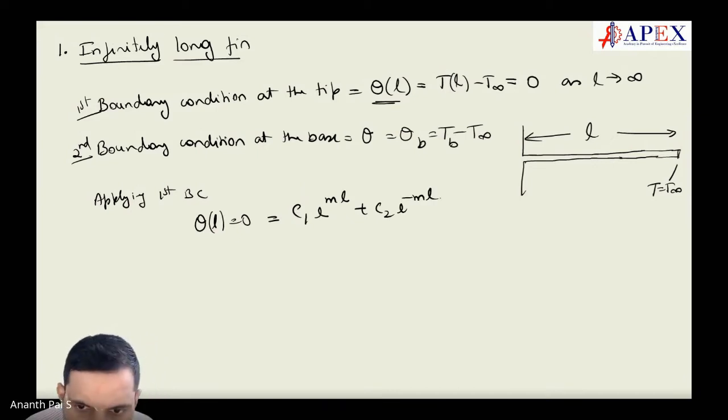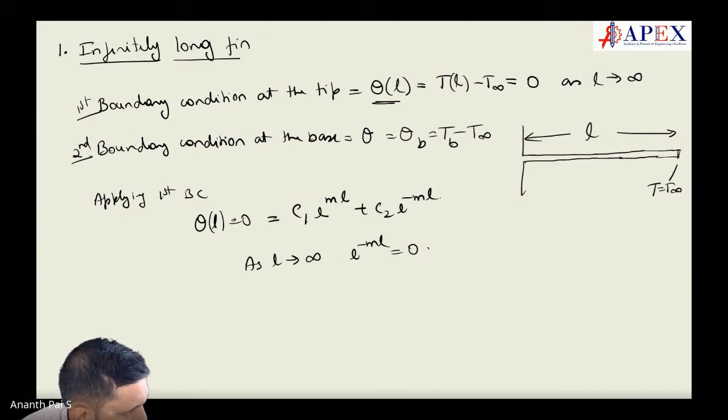We took plus first. As L tends to infinity, e power minus mL goes to 0, right? So no. Clear with that. Therefore, C2 will be 0.